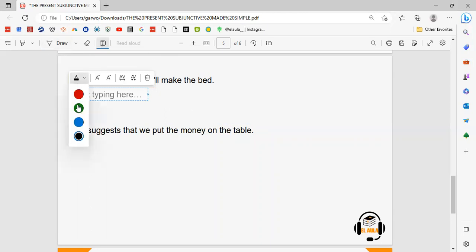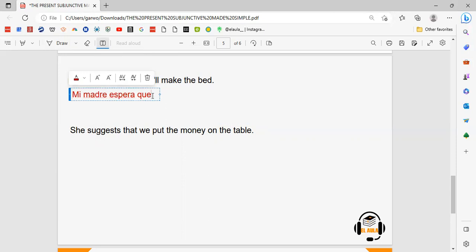My mother hopes that I'll make the bed. So, mi madre espera que. So we got our trigger word down. It's in the present tense and our que. I will make the bed.